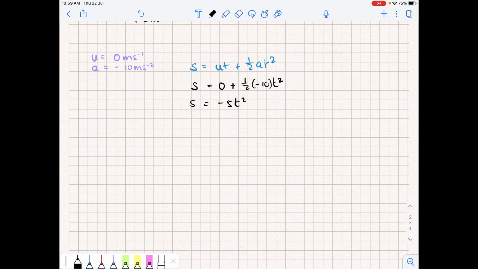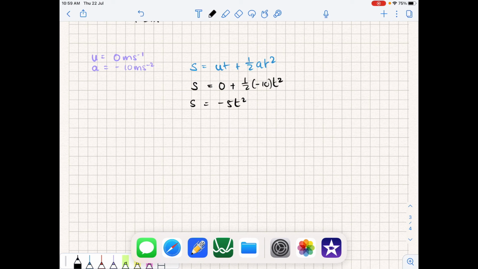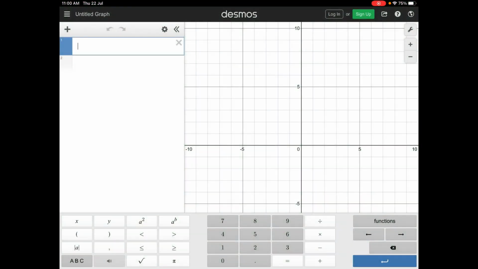What I'd like to do is show you on Desmos what this function would look like, remembering that this function gives me a visual representation of what my displacement looked like at any point in time. So let's plug it in here.